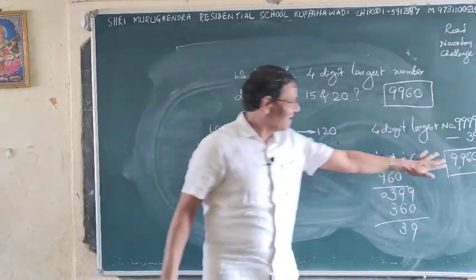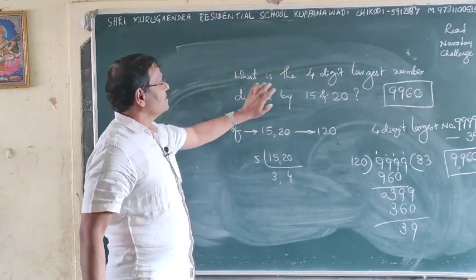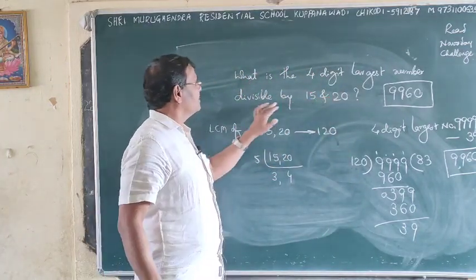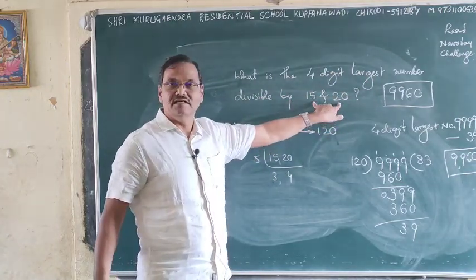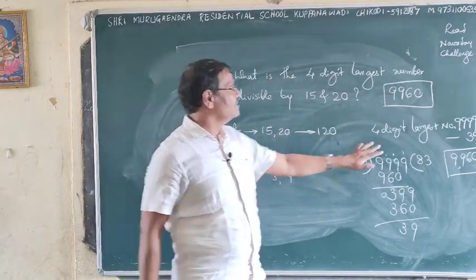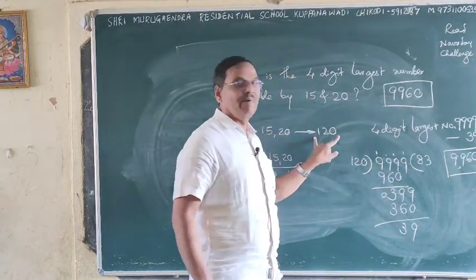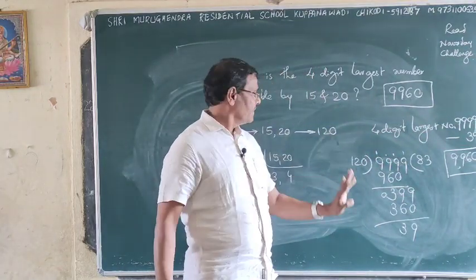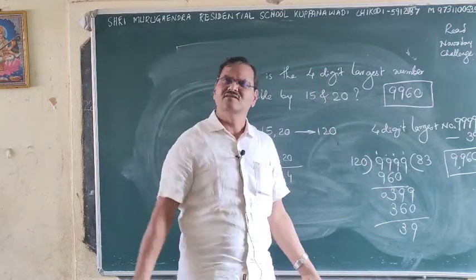Okay. What you have to do in this problem? What is the 4-digit largest number divisible by 15 and 20? First you have to find the LCM, and write the 4-digit largest number, then divide by the LCM, and you will get a remainder, 39 here.